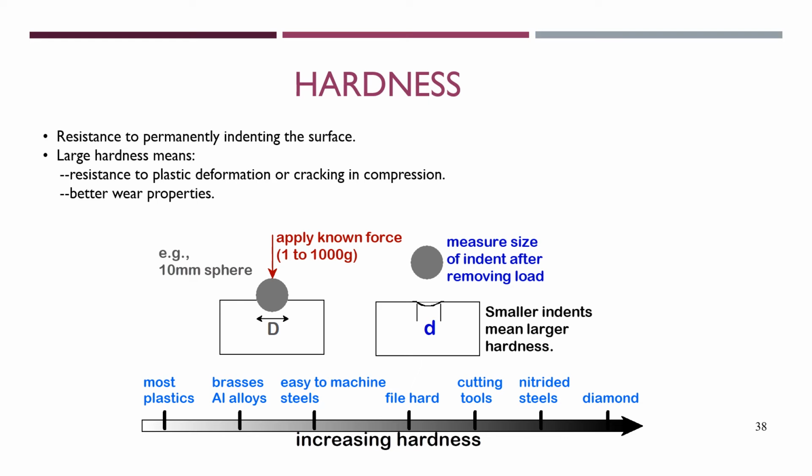on top of the material, on the surface of the material, it will leave a mark. So you have this mark over here, a hole, on top of the material. So what you do, you will calculate or measure the diameter of the indentation. The smaller indentation means this material has higher hardness.